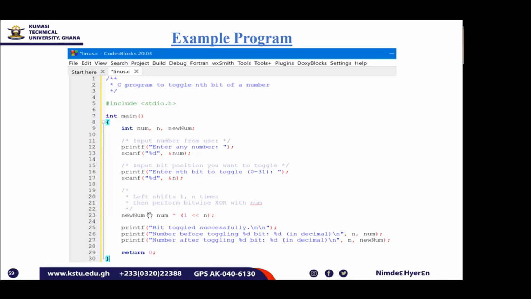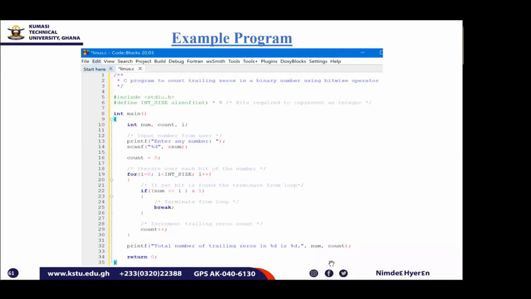And then it says that the new number is equal to num raised to the power 1 less n. So here you realize that the bitwise shift to the left has been implemented. Similarly, you would see that the ones complement has also been implemented here.